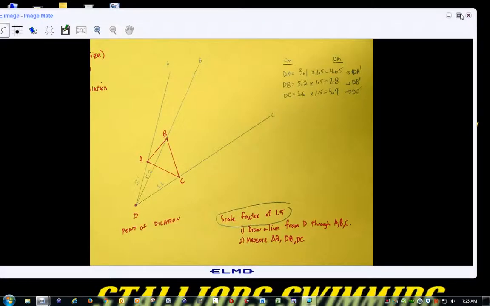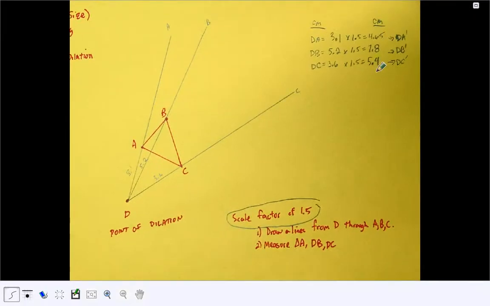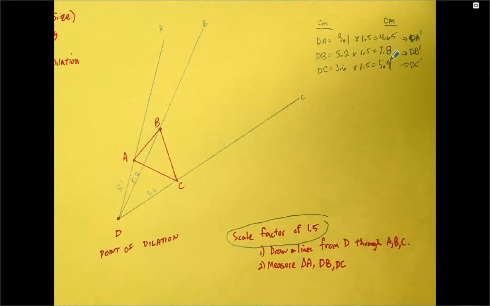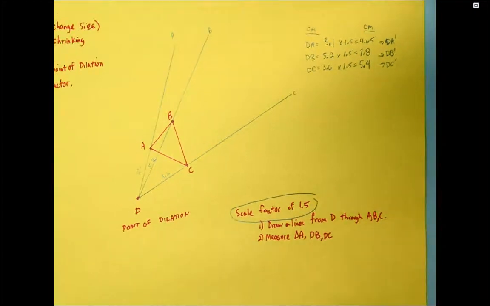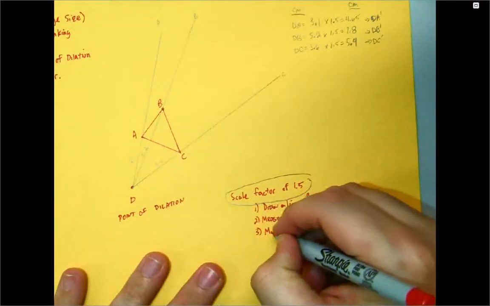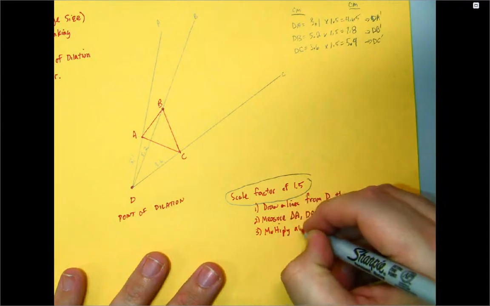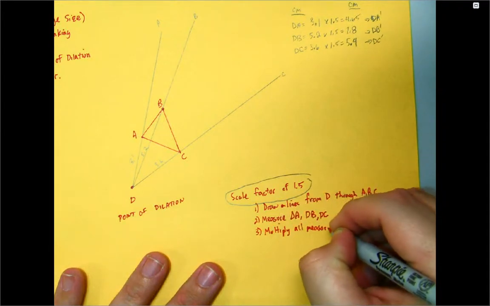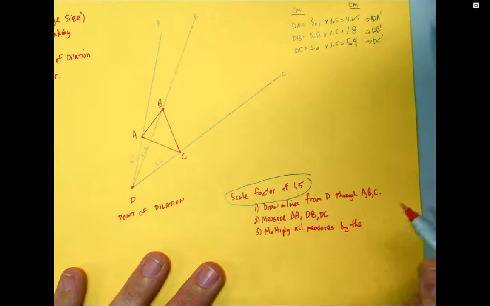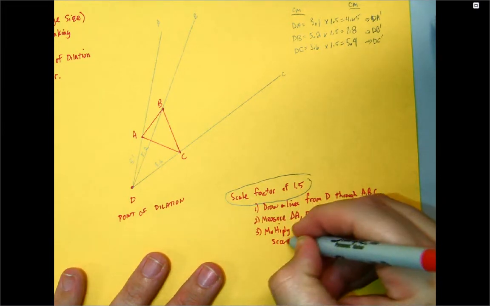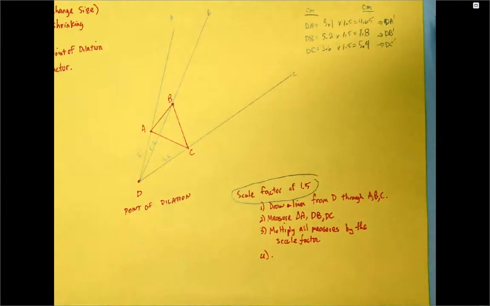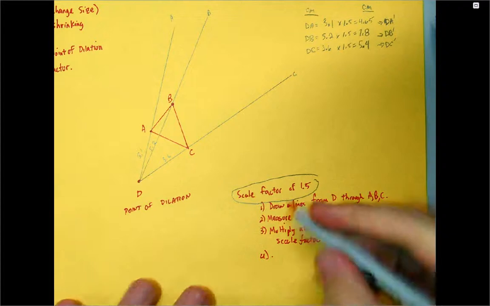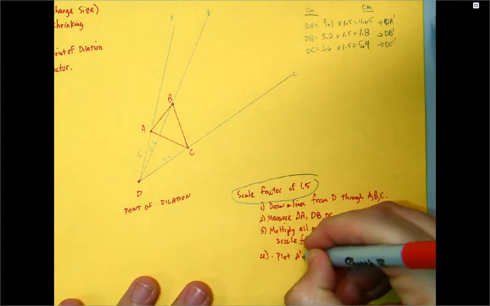Alright, so we were able to calculate all of those. Multiply all the measures by the scale factor. And now that we have the new distance, plot A prime, B prime, and C prime.